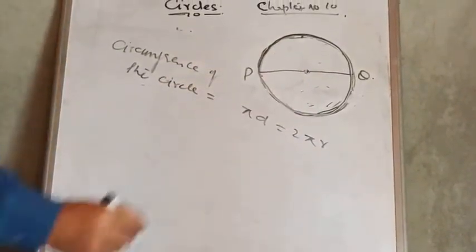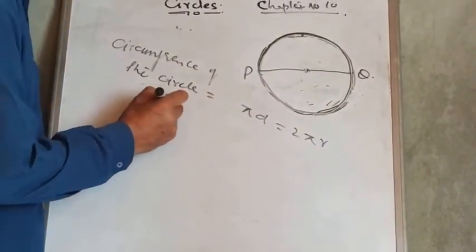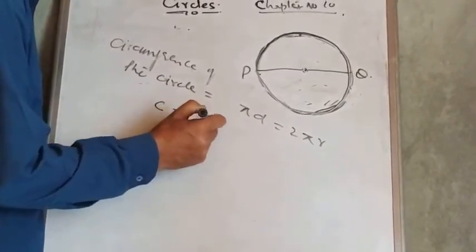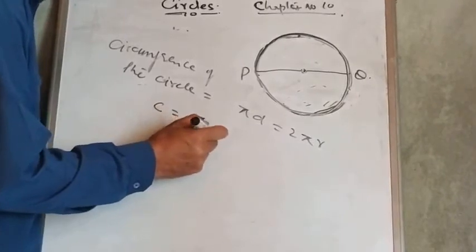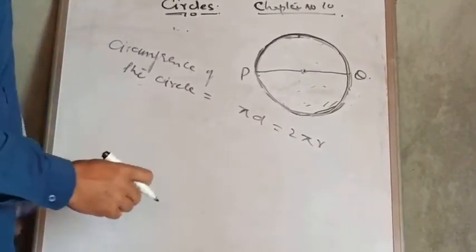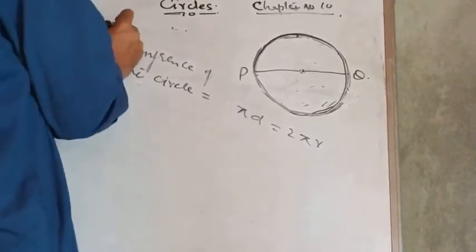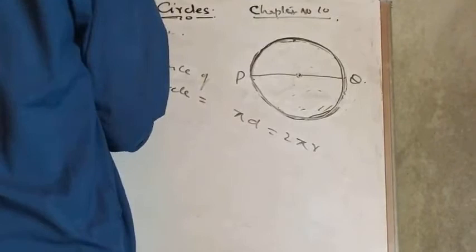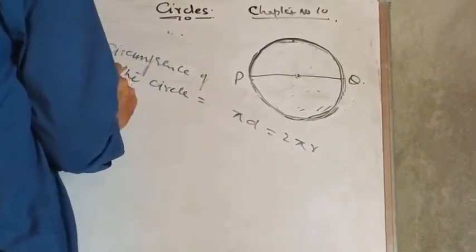Actually, this circumference is given by the ratio of pi to diameter.